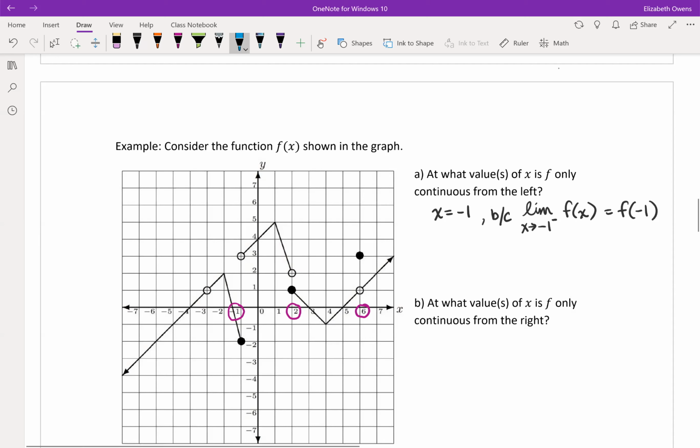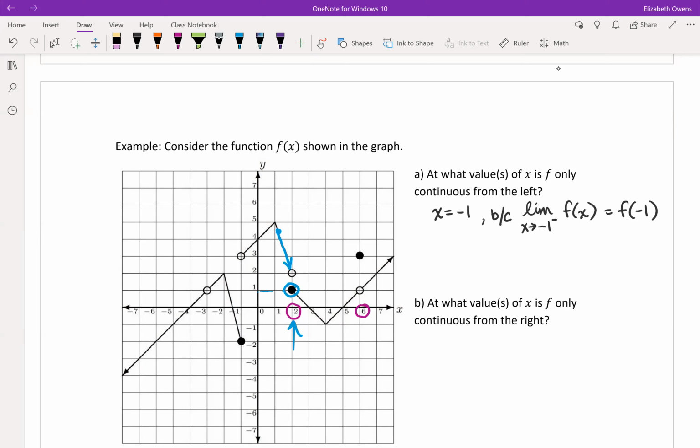Now we can check our other values fairly quickly. As we look at x equals 2, start to the left, come in with your approach, and we are not going to hit the function value there. F of 2 is right here. F of 2 equals 1. So we did not match up with the function value coming in from the left.